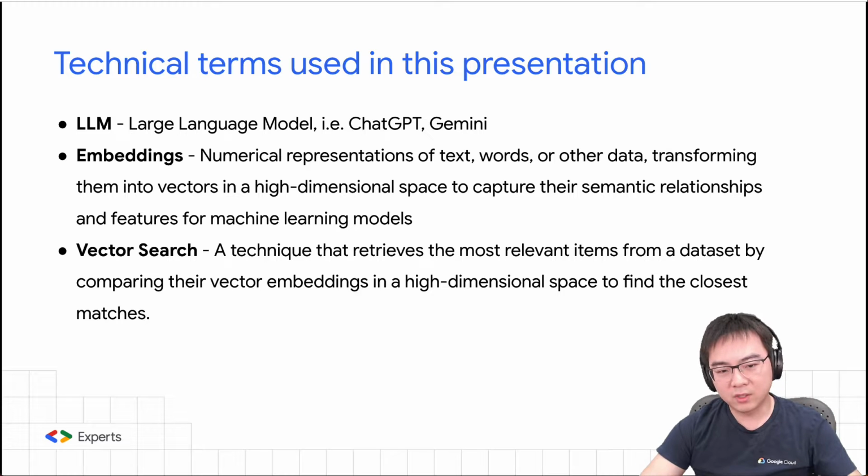Vector search is a technique that retrieves the most relevant terms, like a distance comparison, finding something that's closest to what you're searching for, by comparing the vector embeddings in a high-dimensional space to find the closest matches. Those are the three key things I have been using in the examples I'm presenting to you to build this end-to-end application. Hopefully you find this useful.